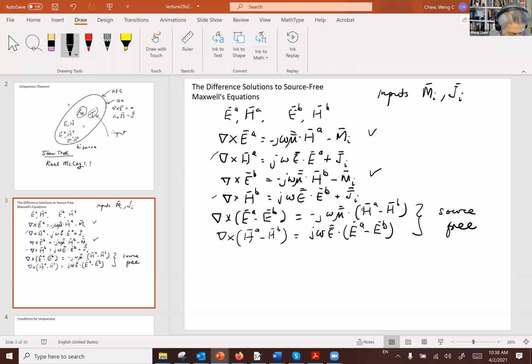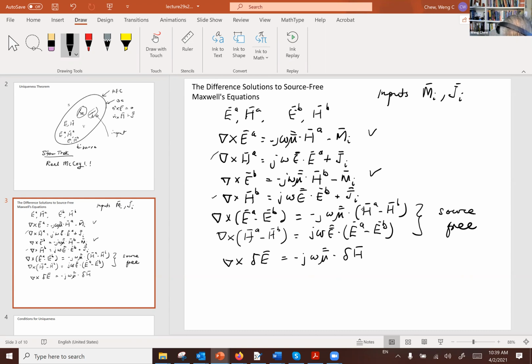So they look like source-free Maxwell's equations. Okay, and let's use the shorthand notation and say that these equations are the same as delta E. The delta means the different solution.